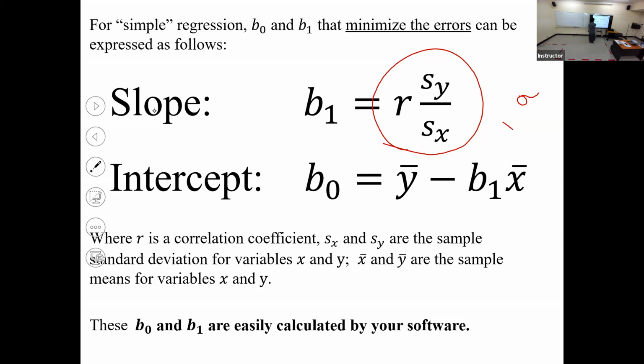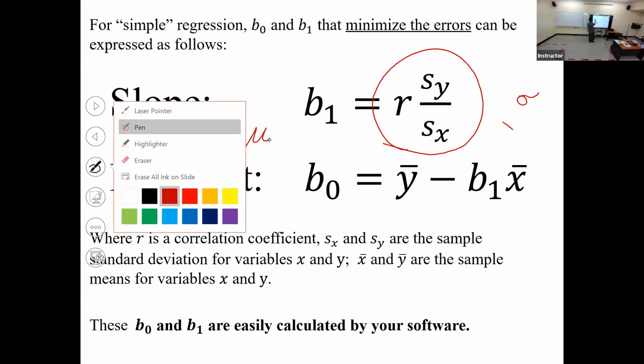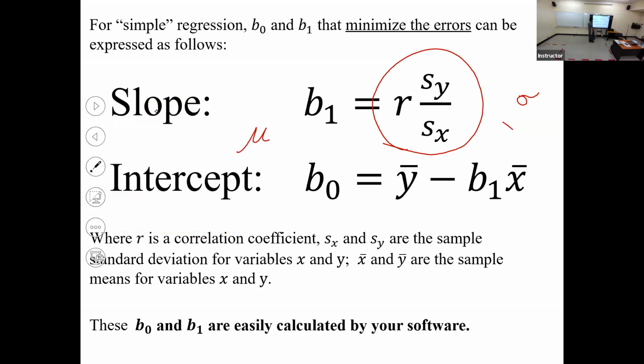Yeah, if it's population, then mu. If it's population mean. But you don't have population, you have sample. You don't have to worry about population now.